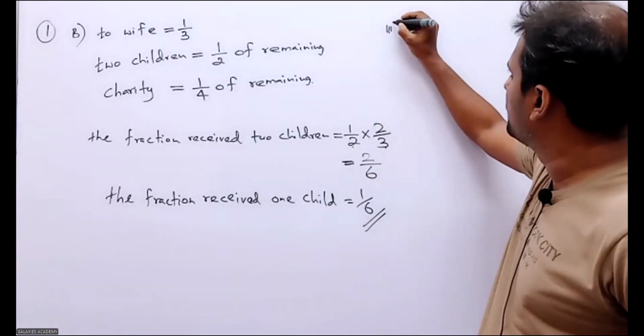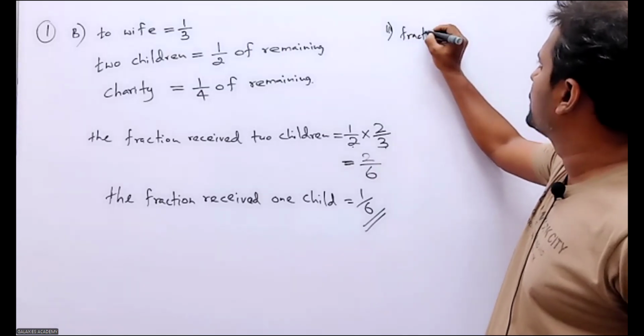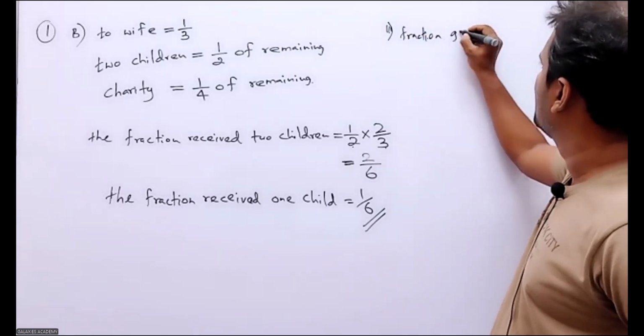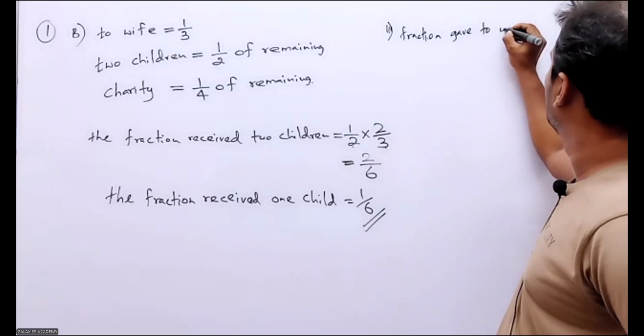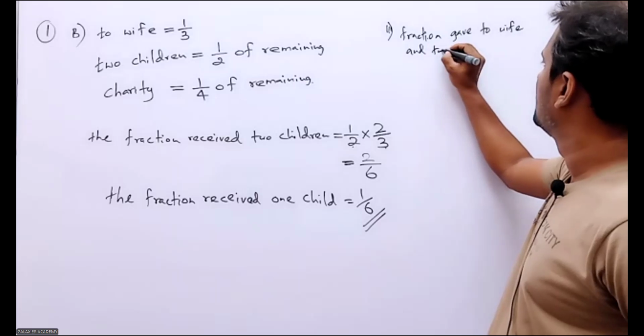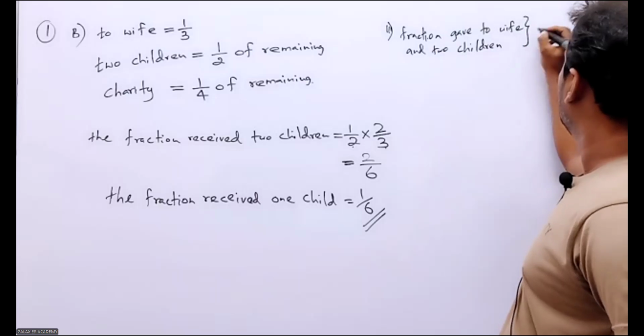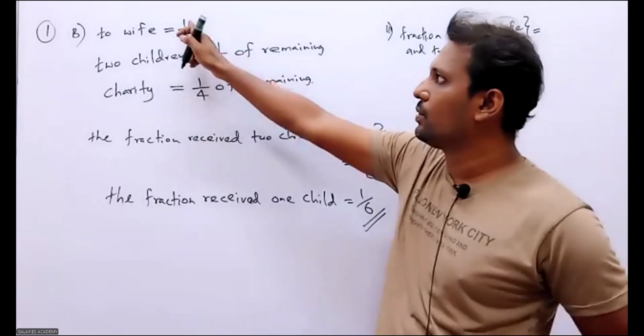Right? As the second part, the fraction he gave to wife and 2 children. He gave to wife 1 over 3.